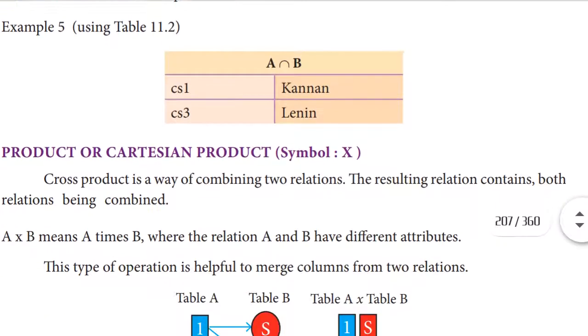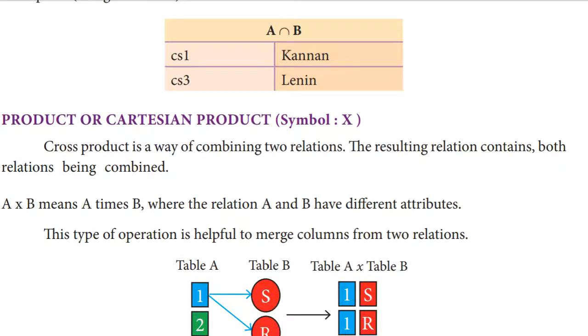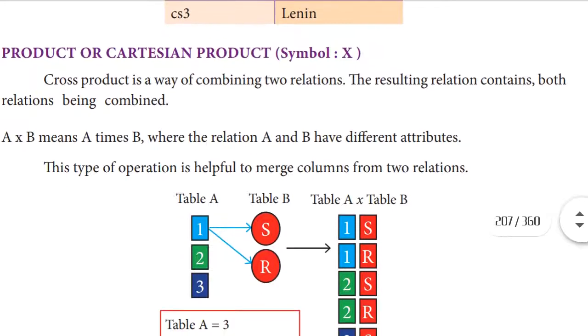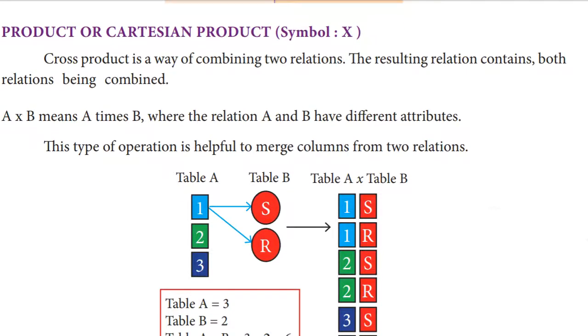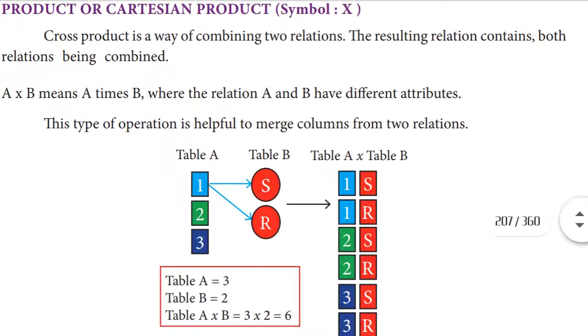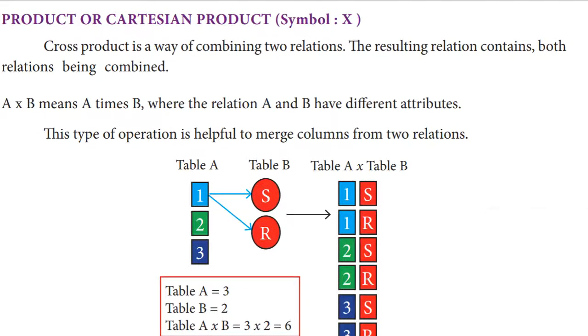Next we are going to see product, or Cartesian product. The symbol is X. So cross product is a way of combining two relations. Why are we using this cross product? We want to combine the two tables. So the resulting relation contains both relations being combined.